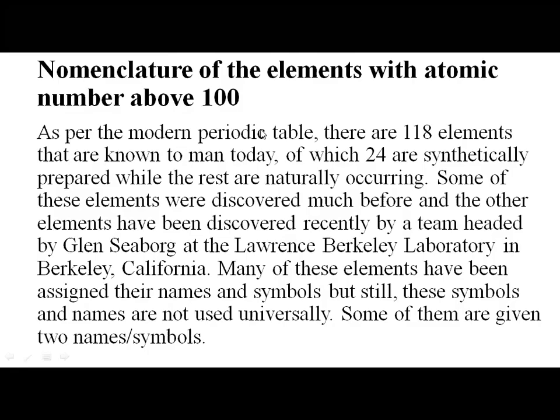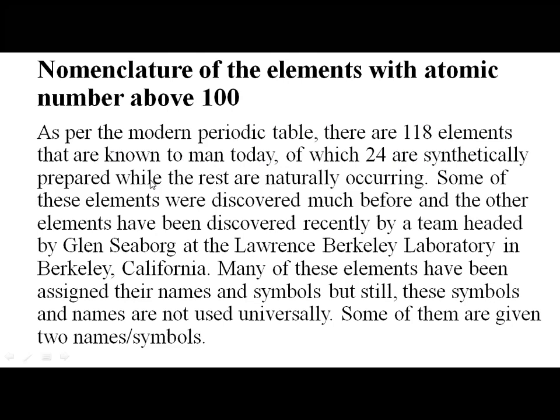There are rules for naming the elements, right? We write symbols also for the elements, right? But after 100 elements, there was a question. As per the modern periodic table, there are 118 elements known to man today, out of which 24 are synthetically prepared.